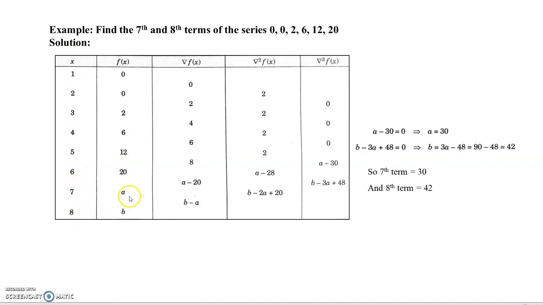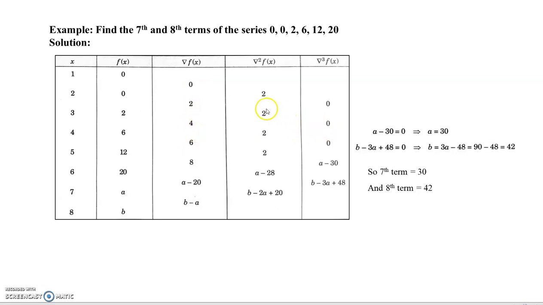Let us consider these two terms to be a and b. Like the forward difference table, we can construct the backward difference table also. The procedure is the same. You have to take the difference of these two and then these two to construct the next column. Again, to write the next column you will take the difference of this column: 2 minus 0, 4 minus 2, 6 minus 4 and so on.